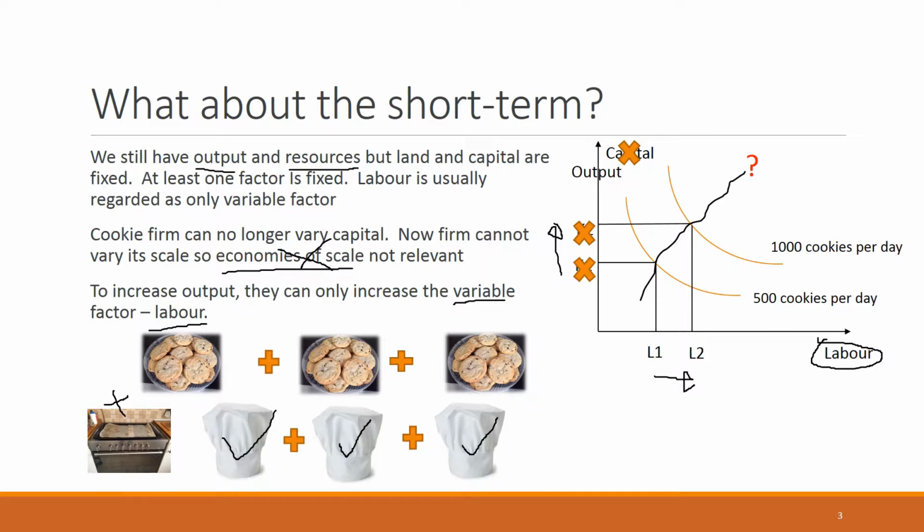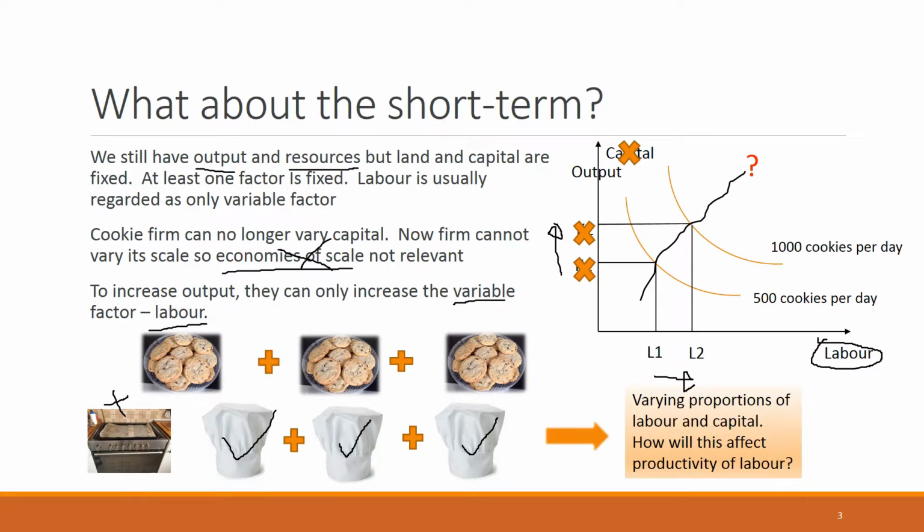They don't necessarily have more skills, we assume that to be constant, but rather by having greater specialization, we are going to find that the second chef will add more to output than the first chef. The third chef might add, but possibly a bit less because too many cooks spoil the broth. 3 chefs to 1 could mean that there's overutilization, and that concept we come back to in the near future.